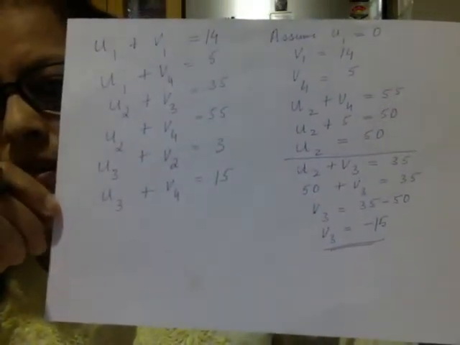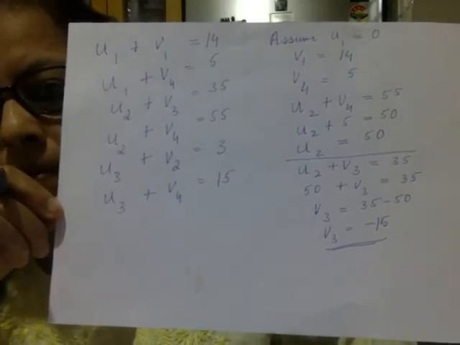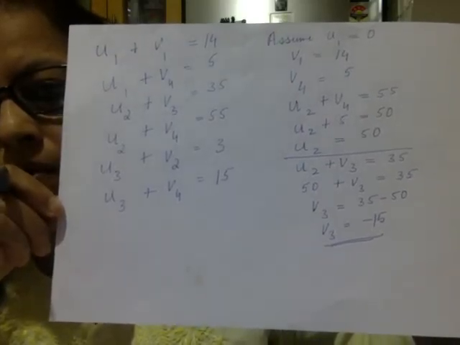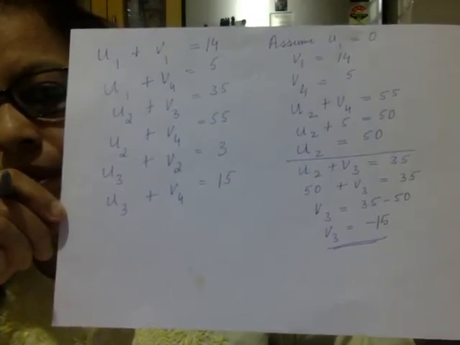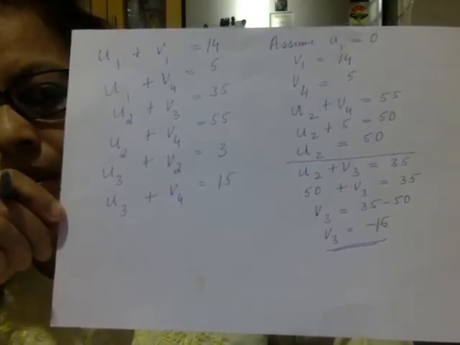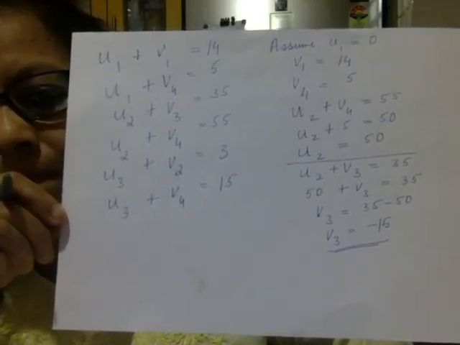So which equation shall we take? Wait one second. U1, V1 we have tackled. We know U1, we know V1, V4. So we do not need the first two equations. The second equation, we know U2, we know V3.